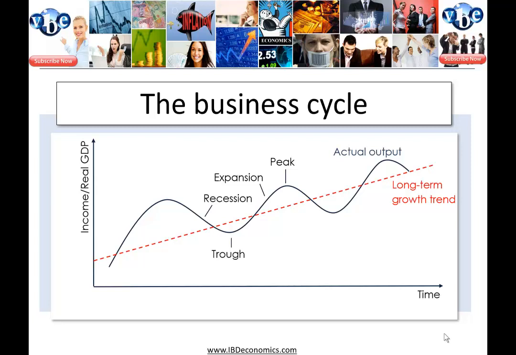So it's a repeated fluctuation of positive and negative economic growth around a long-term growth trend. Positive output is when economic output, real GDP, and incomes are greater than the long-term growth trend, and negative output is when real GDP and incomes are below the long-term growth trend.